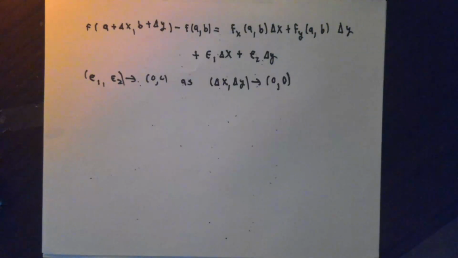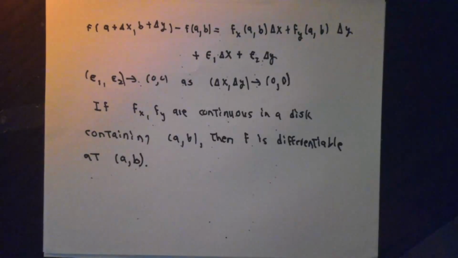Working directly with this definition is really complicated in most situations, so in Calculus 3, you proved the following statement. If the two first-order partial derivatives of f are continuous at ab, then f is differentiable there. This is a much easier thing to work with than the definition is.